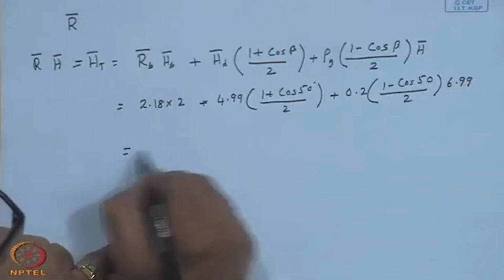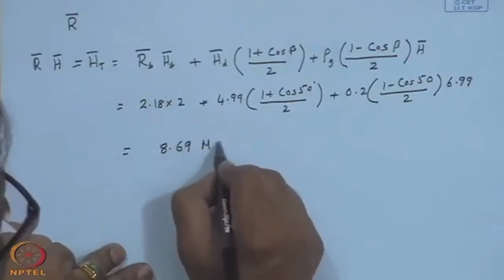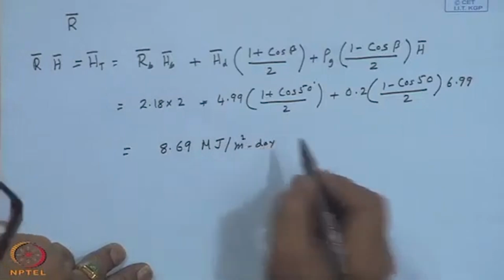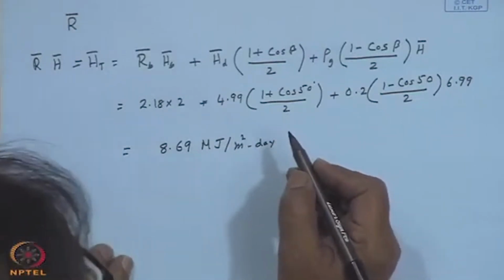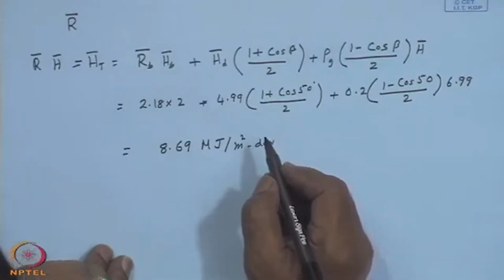That turns out to be 8.69 megajoules per meter squared day. This is the solar radiation falling on the collector surface in the month of December, the average daily value.